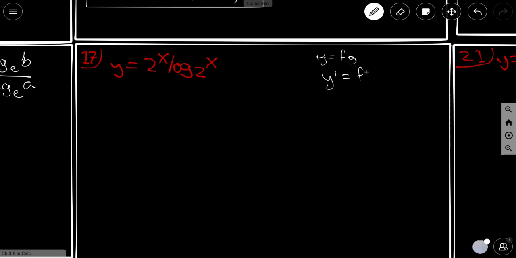My bad, guys. That's the product rule. So let's go ahead and apply it. I'm going to write it out simply so that I can show a couple steps because this one is kind of complex.